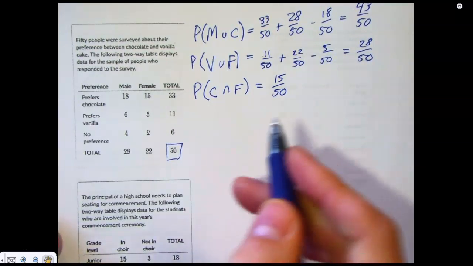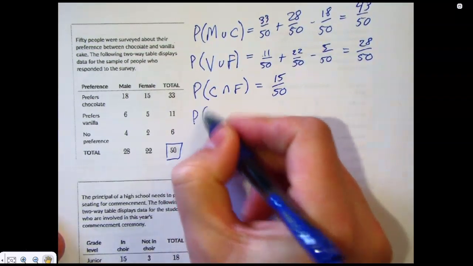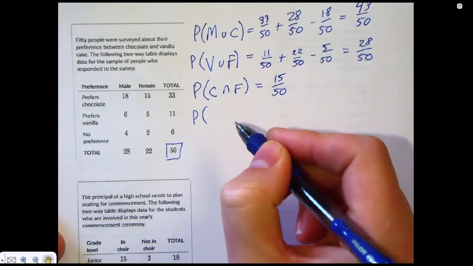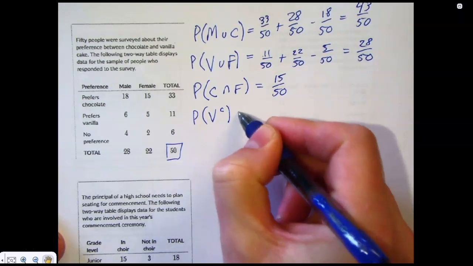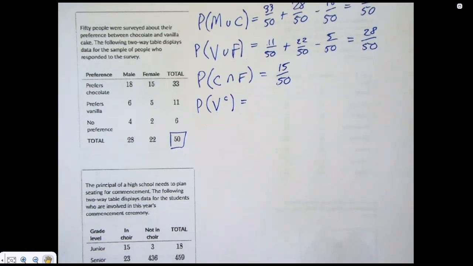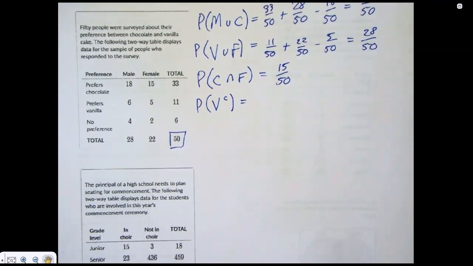Well, no, let's do one more. What's the probability of vanilla complement? So what that means is find the probability that it's vanilla, and then do what? If they're two complements, what do their probabilities have to add up to? 1.